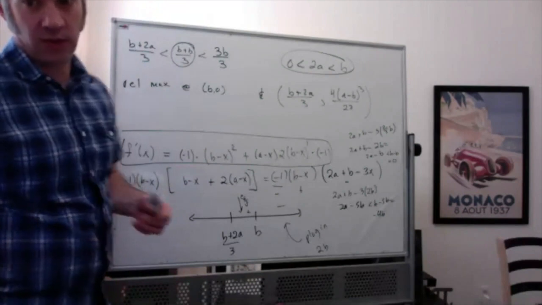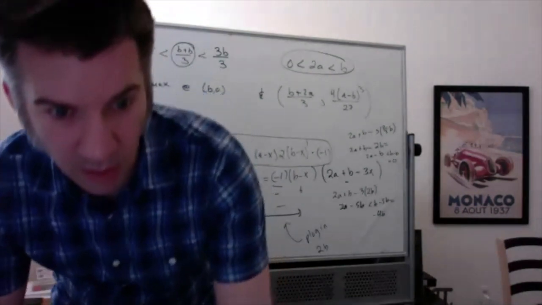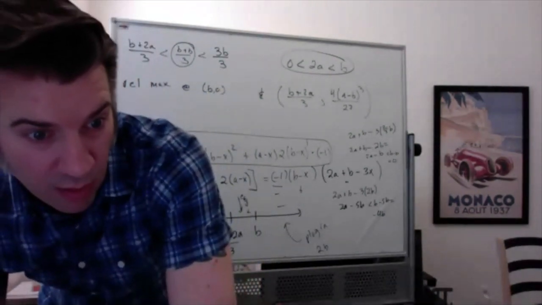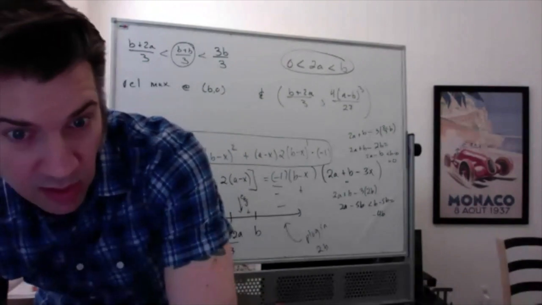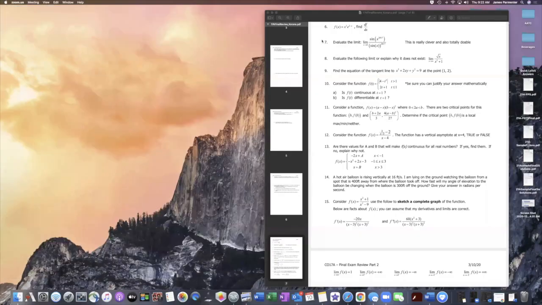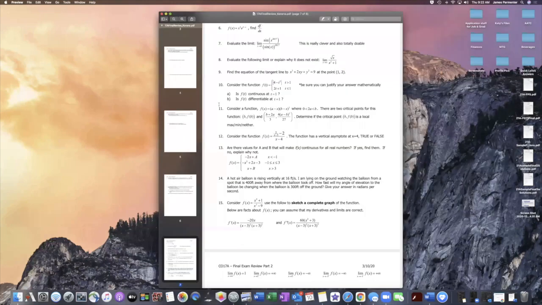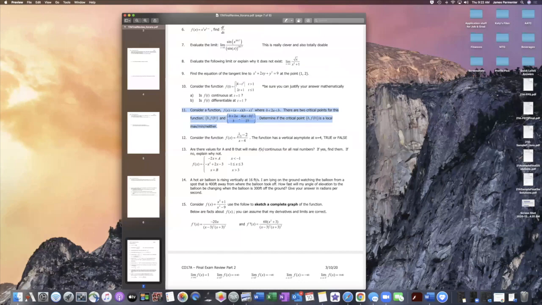So we can find them, but in this particular problem they were given to us as known information. The problem I'm reading, number 11 here, gives us that the critical points are B comma f of B and B plus 2A over 3 comma 4 times A minus B cubed over 27.